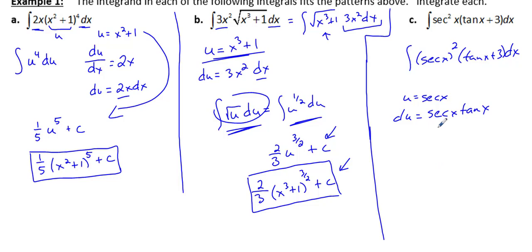Now here's the deal, guys. Do we have secant tangent to substitute in up here? Well, it's some extra stuff here, isn't it? There's a sum or difference there. So guess what? Bad u choice. Pick again. Now with some of these, especially trig functions, I ask myself, which one is the derivative of the other one?